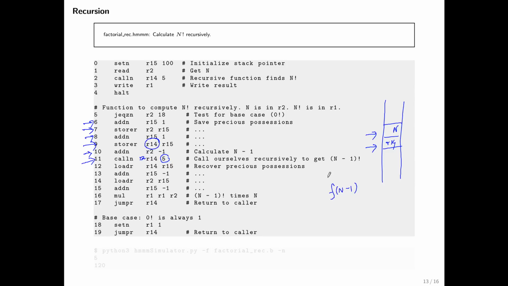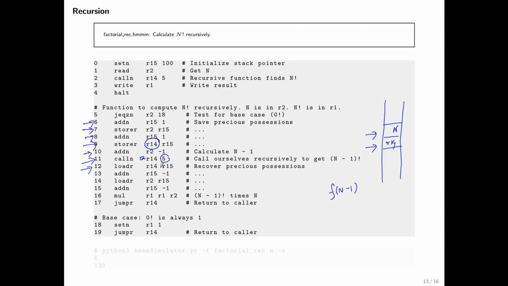Now, when this recursive call returns, where does it return? It returns right here, right after the call instruction. And what do we do in that case? We fetch the return address from the memory, which is this guy here, and store it into R14.